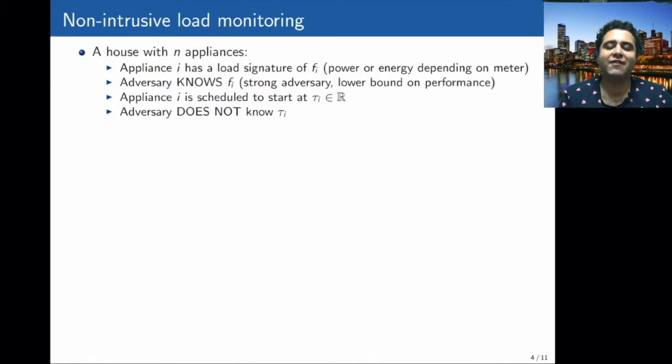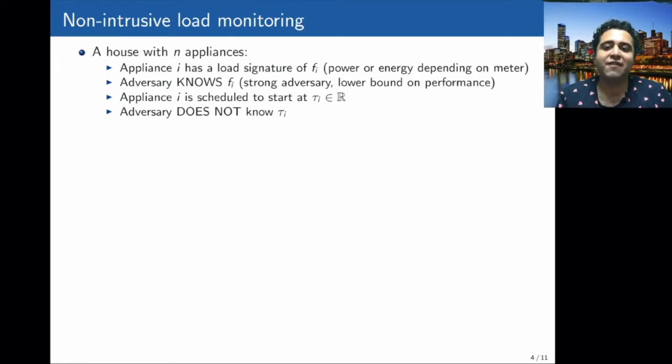Now, to have a very simple model of non-intrusive load monitoring, we consider a house with n appliances. Each appliance has a load signature, which is a kind of unique pattern that it uses for drawing energy or power. In this paper, we can consider both power measurements if our meters are in terms of power, or energy if our meters are measuring energy consumption, like smart meters, which capture the aggregate energy consumption across the house.